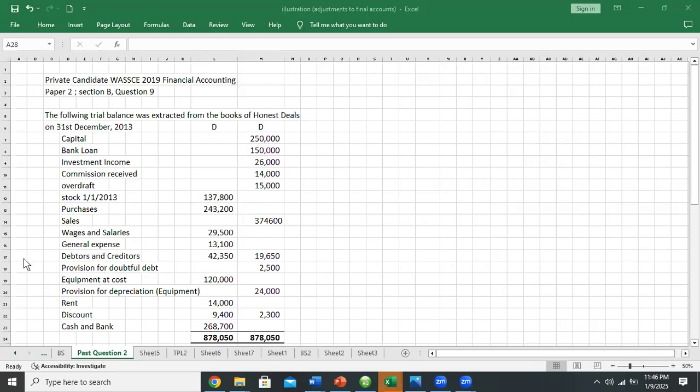I think I have to remove this item. Let me make it something else. Okay, rent received. You have equipment at cost, provision for depreciation.